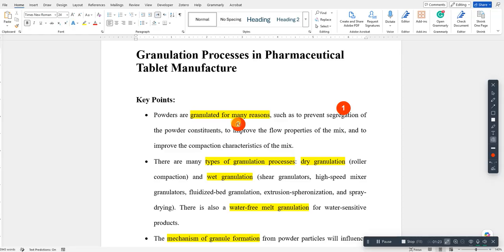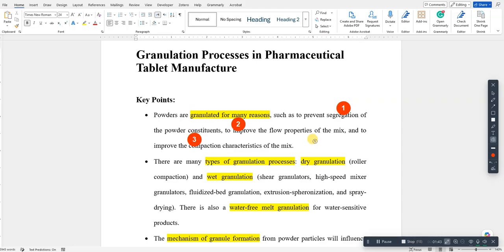When you have larger granular preparations, they flow better, and this is important when we want to fill the cavities in the tableting machine in order to compress them into tablets. The other reason is to improve compaction characteristics of the mix.